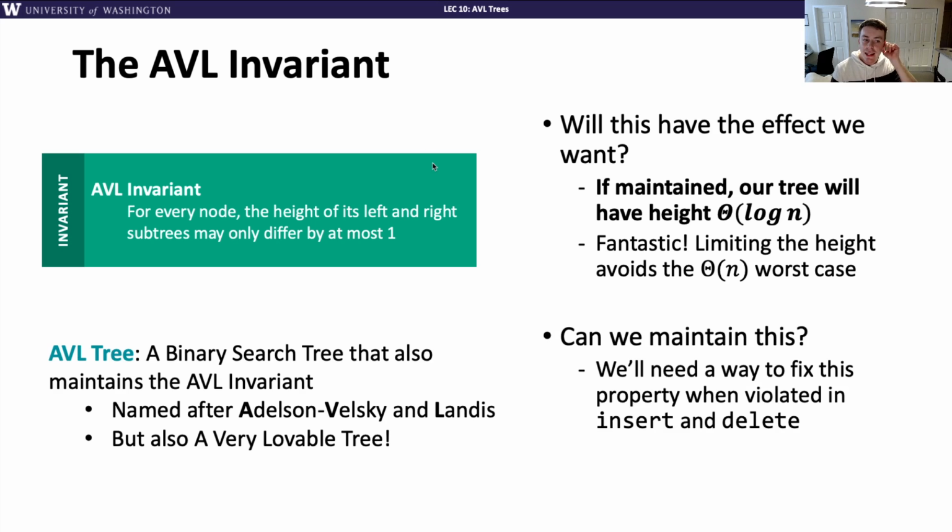Now, the question is, how easy is it to maintain this invariant? We're going to need a way to talk about how we actually implement our code, like inserting a value into the tree, such that this invariant is maintained. But we're not going to get there quite yet. We'll talk about that in the next video. But I want to tell you that it is a little complicated, but actually a kind of straightforward operation that we can do.